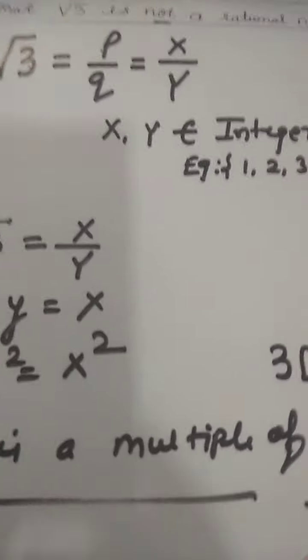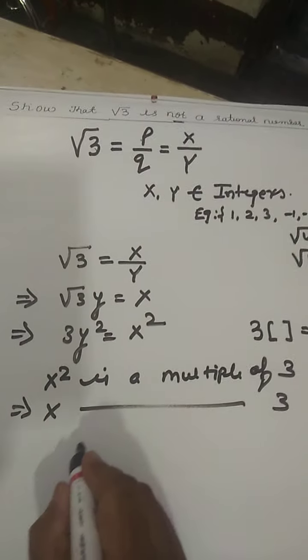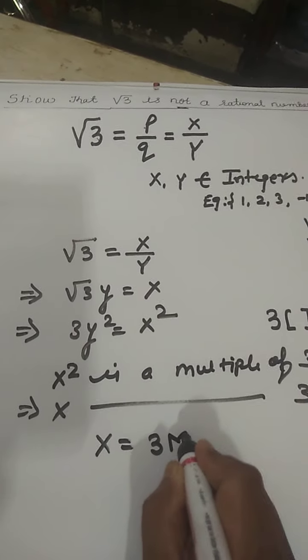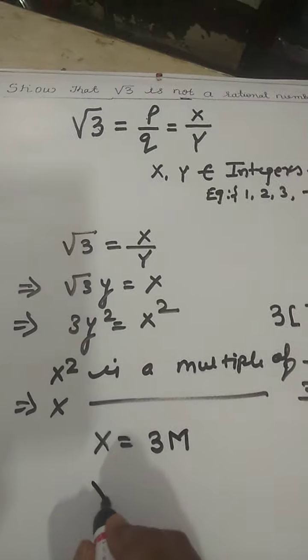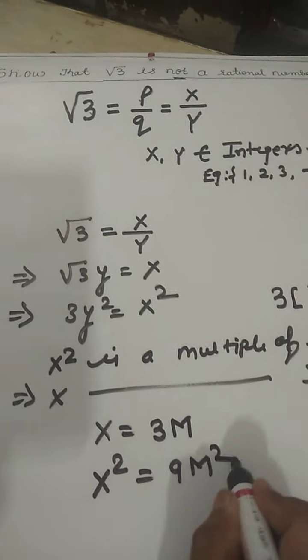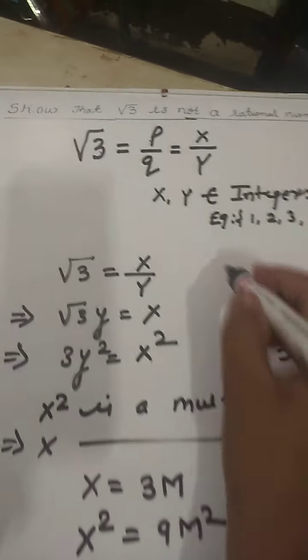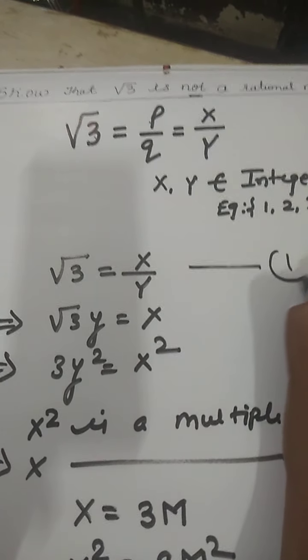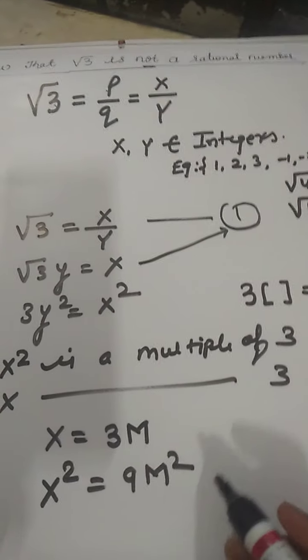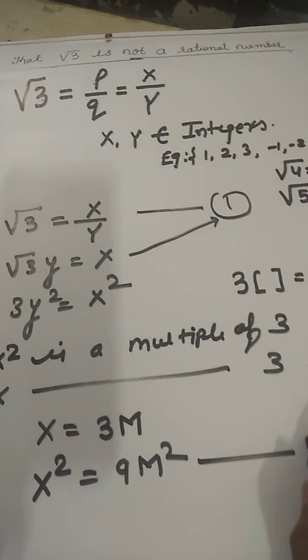So suppose I write X is equal to 3m, for multiple. So X square equals 9m square. Suppose this is our equation 1 and this is our equation 2.